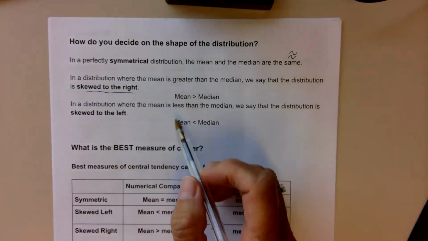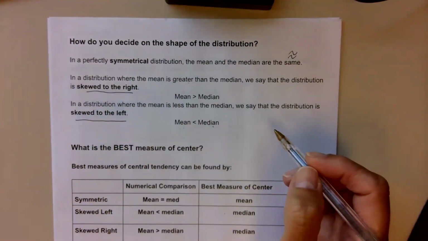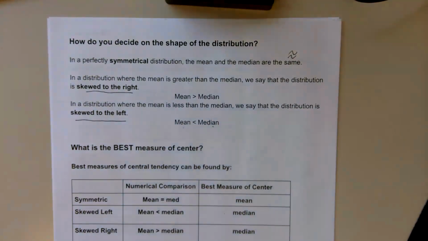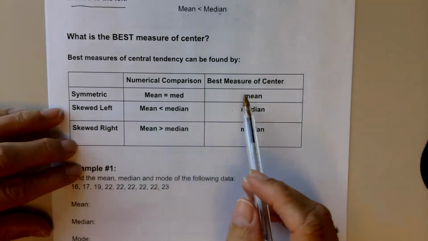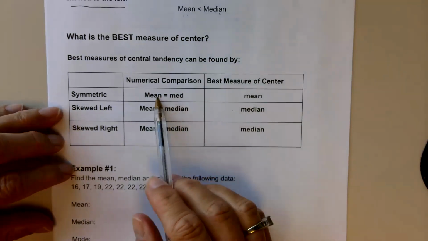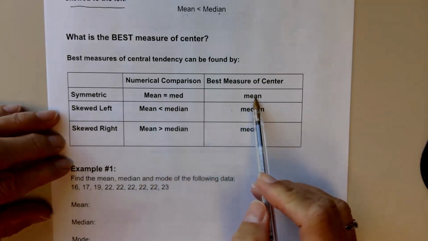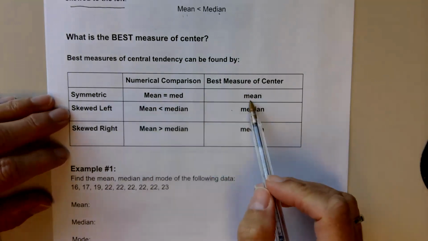Now, if clearly the mean is less than the median, we're going to say that the distribution is skewed left. So how do we decide what is the best measure of center? If the data is symmetric, meaning the mean and median are similar in value, the mean is going to be chosen as the best measure of center.